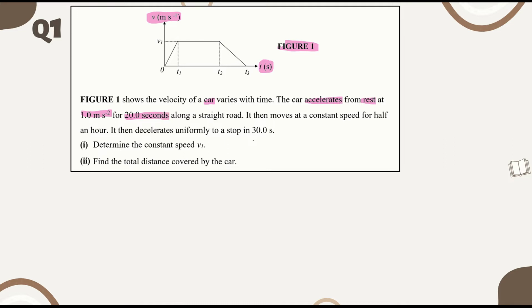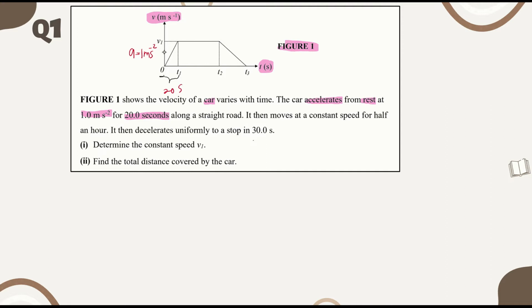So basically this is the first motion of this car. It accelerates from 0 to t1, and for this part the acceleration a is equal to 1 meter per second squared within 20 seconds.